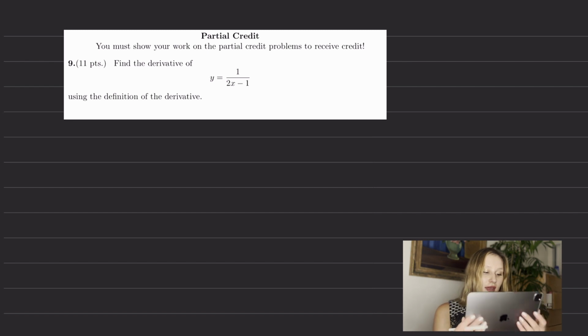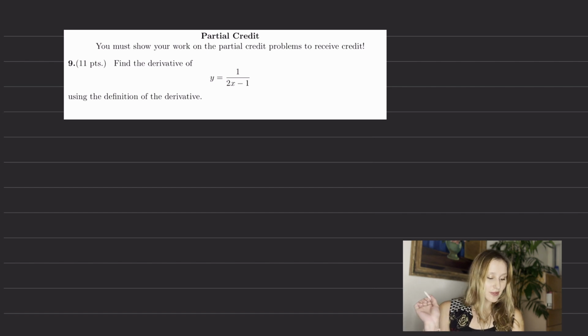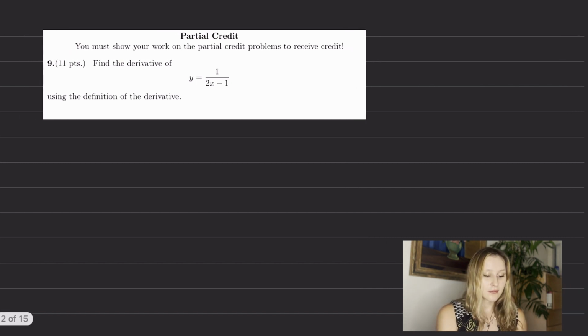Okay, only a couple more. So these are the open-ended questions. No more multiple choice. That's fine. You can do that. Find the derivative of y equals 1 over 2x minus 1 using the definition of the derivative. Okay.